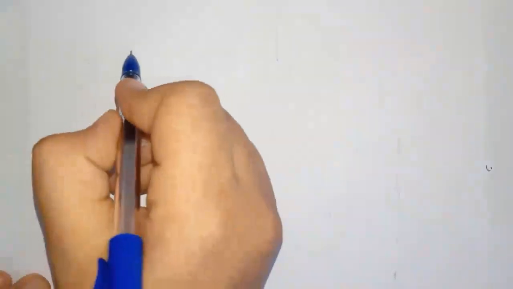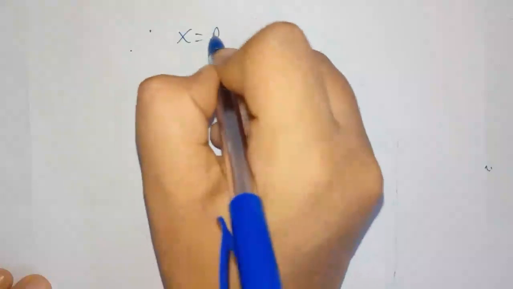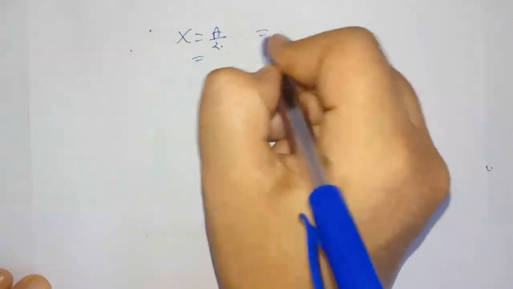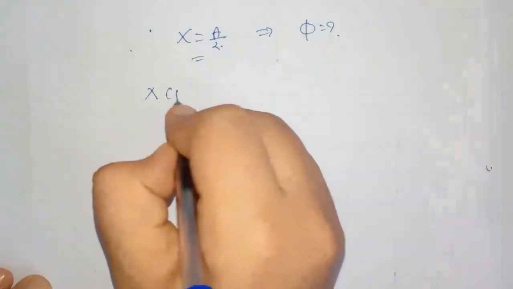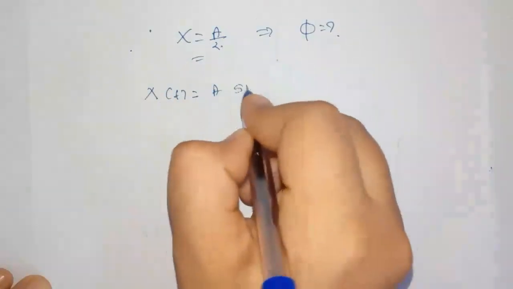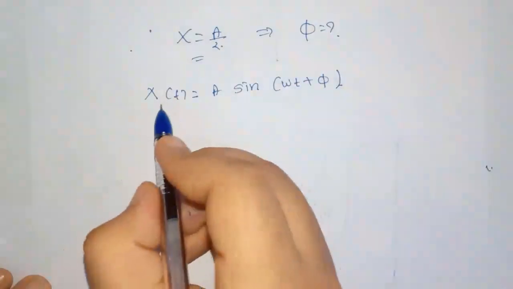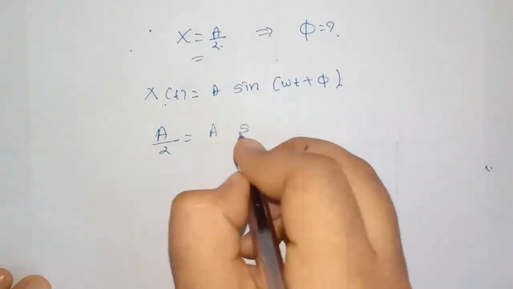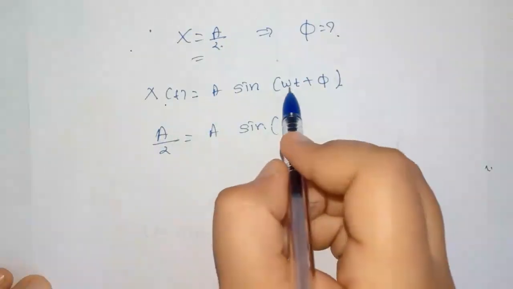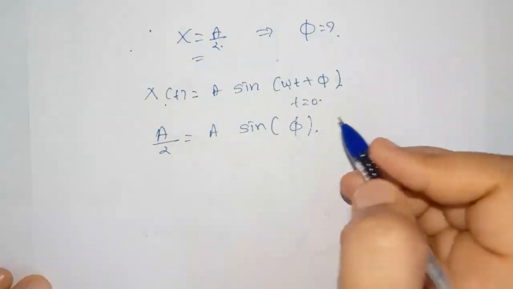Now, if we want to start from x equal to a by 2, then what should be the phase difference? The function is given by x of t equal to a sine of omega t plus phi. We want x of t to be a by 2, equal to a sine of the initial phase, that means t will be equal to 0. So 0 plus phi, that will be phi.